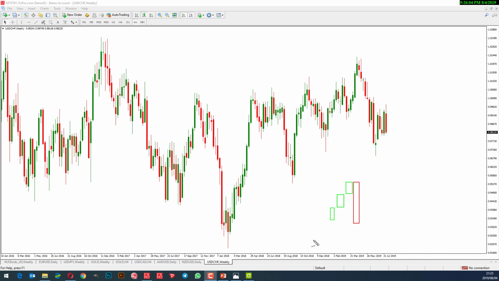Right, we've got one here. You see this candle here, it engulfed this bullish candle. Market has been pushing to the upside. Remember, you look for that when market is pushing to the upside. Then you get a bearish engulf here. You see these two candles, there's a bearish engulf.